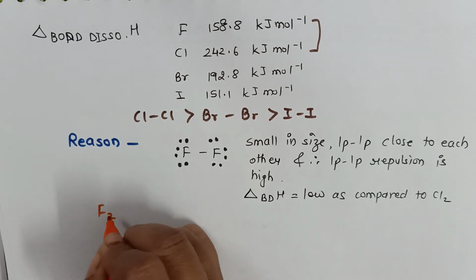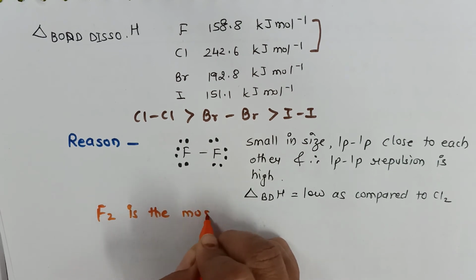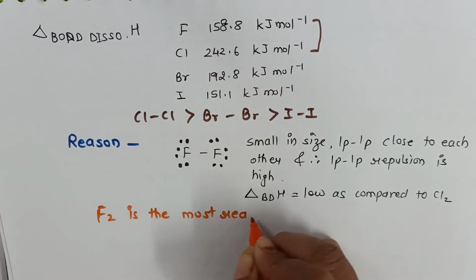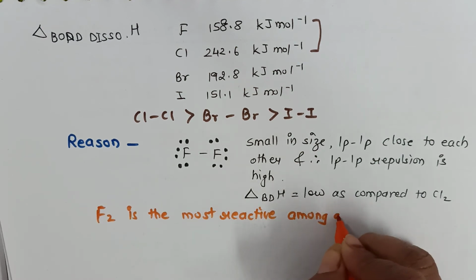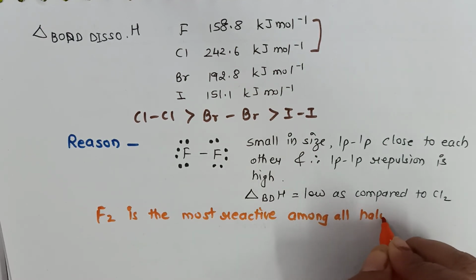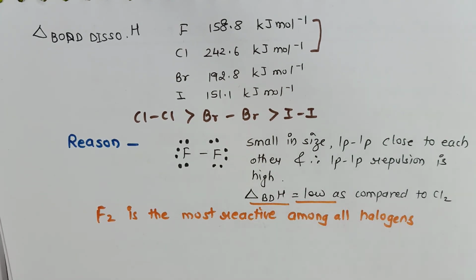So fluorine is the most reactive among all halogens. The reason: low bond dissociation enthalpy.